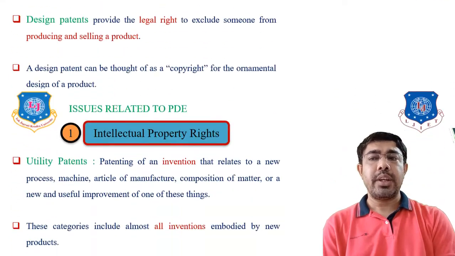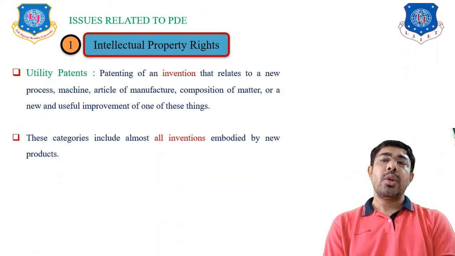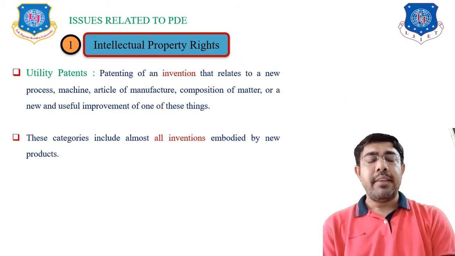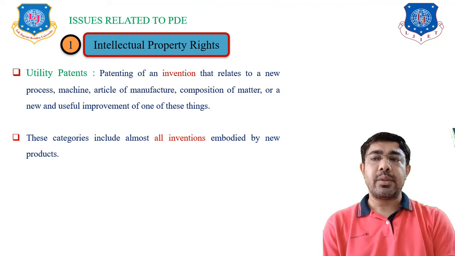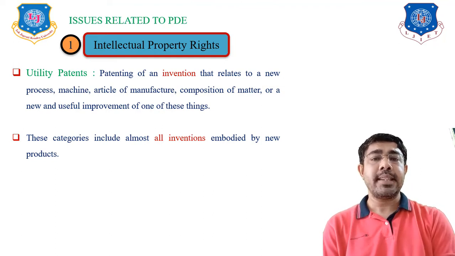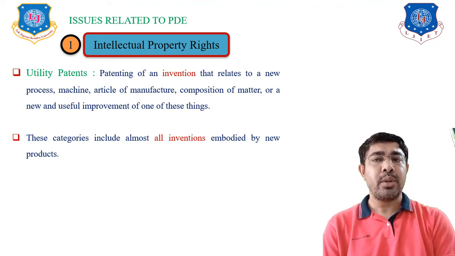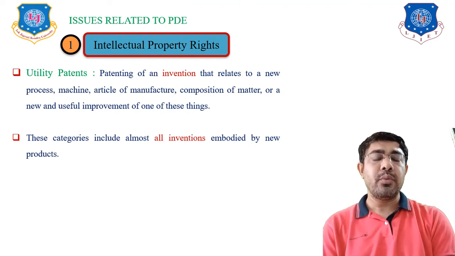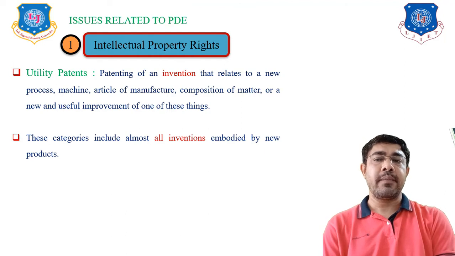The next thing is the utility patent. Utility patents cover inventions related to a new process, machine, article of manufacture, composition of matter, or a new and useful improvement of one of these things.